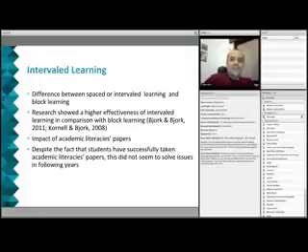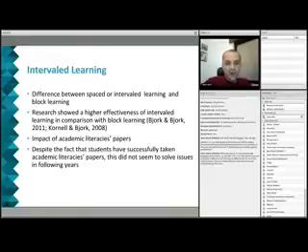They talk about the difference between spaced and interval learning, and it was really insightful reading about Bjork's research, because in some way it supported the work that we're developing at IUT. They've shown a higher effectiveness of interval learning in comparison with block learning.